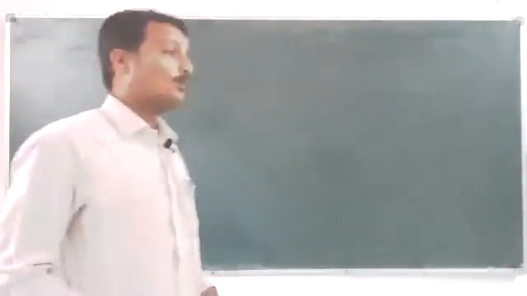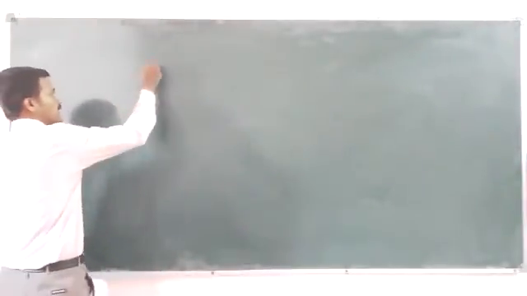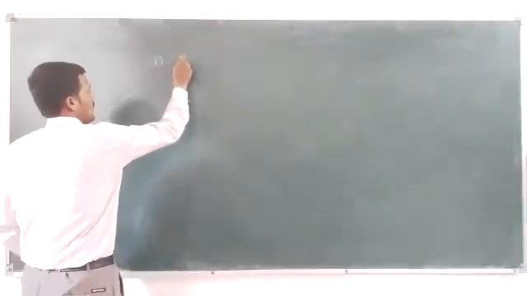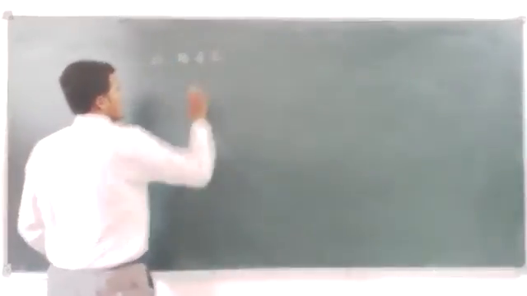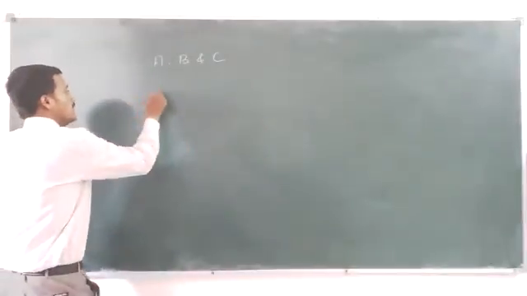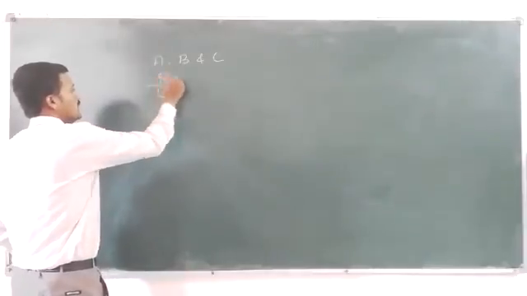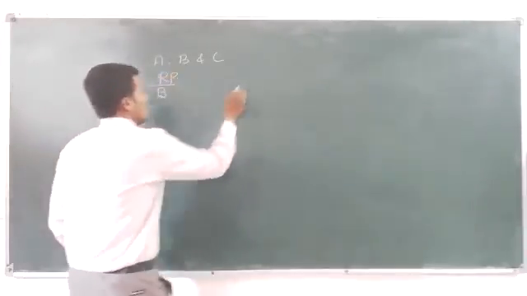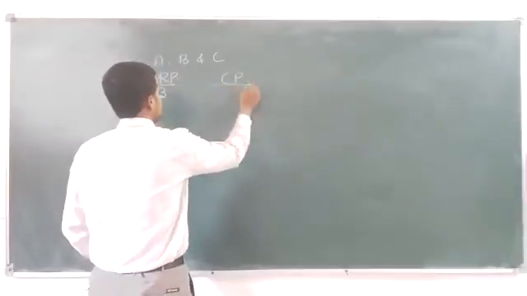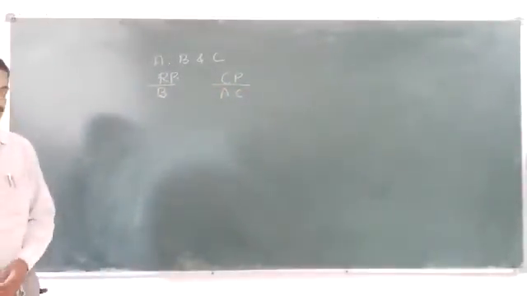First we need to understand, assume that A, B and C are the three partners. B is retiring, that means B is a retiring partner. And A and C are the continuing partners.